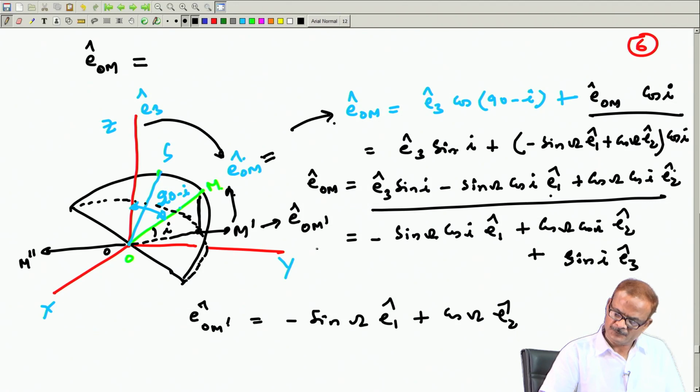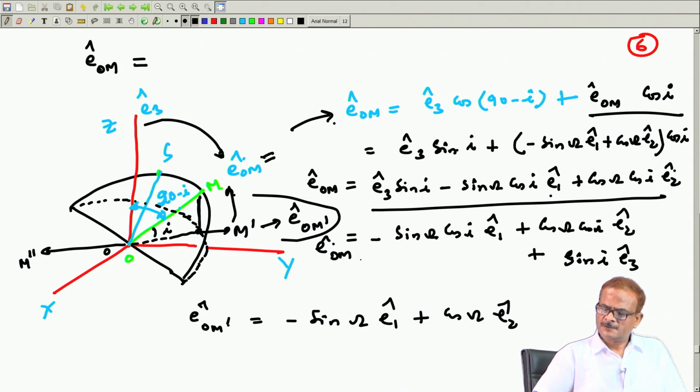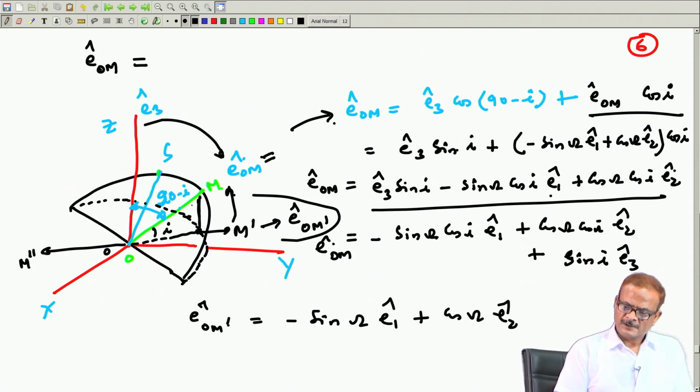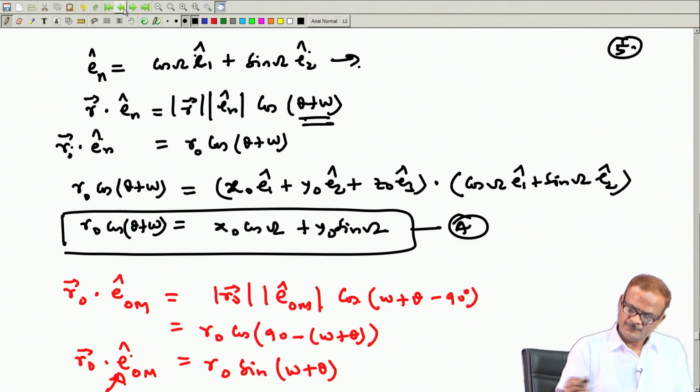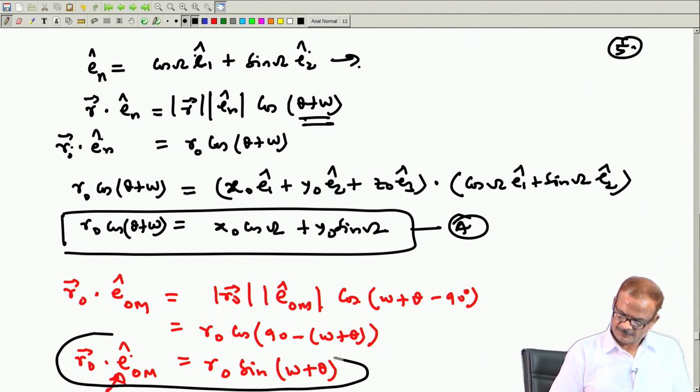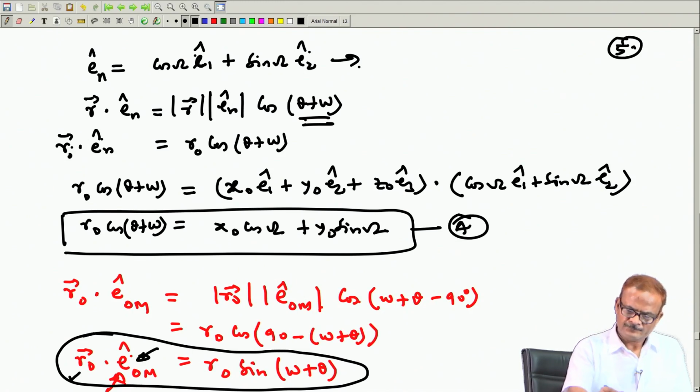So, this is in proper order, this is E_OM cap. Once we have got this, it becomes easy to work out our problem. What we were doing was writing this equation. You see that on the left hand side r0 is already known, and this is also known now.